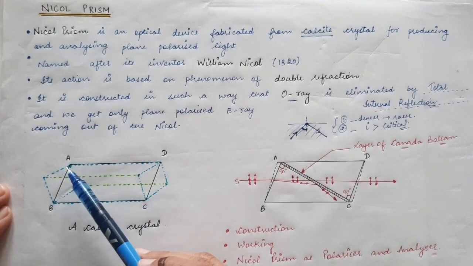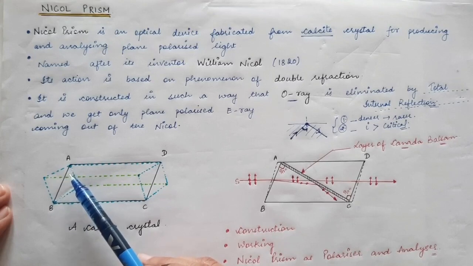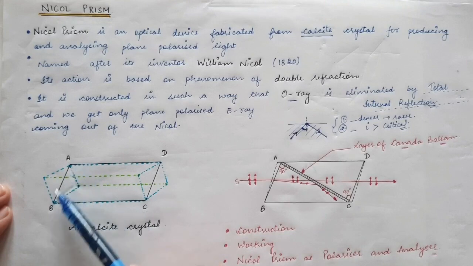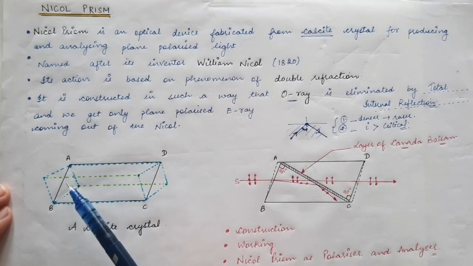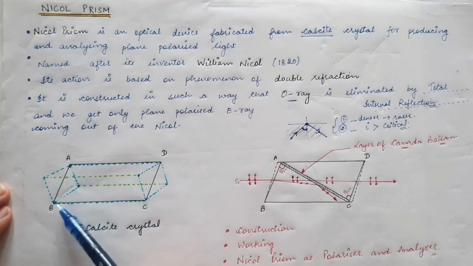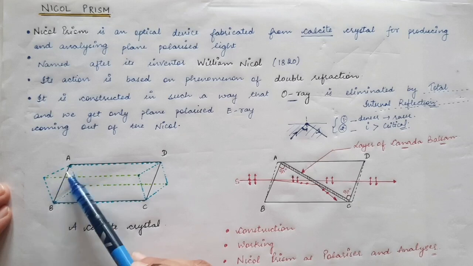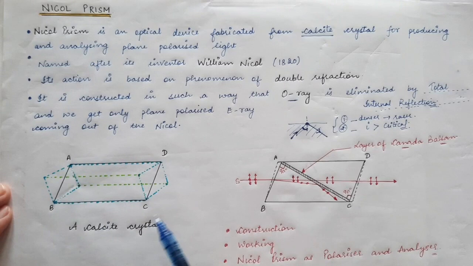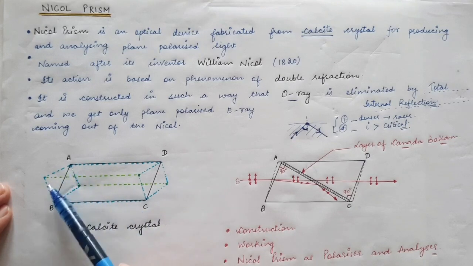The plane by which we cut the calcite crystal should be perpendicular to the principal section of the calcite crystal, as well as perpendicular to these two opposite faces. So we cut the crystal by a plane that is perpendicular to the principal section as well as to these two opposite faces of the crystal.